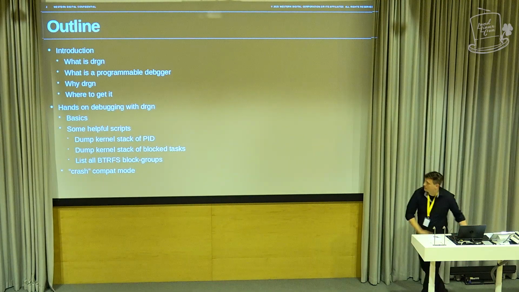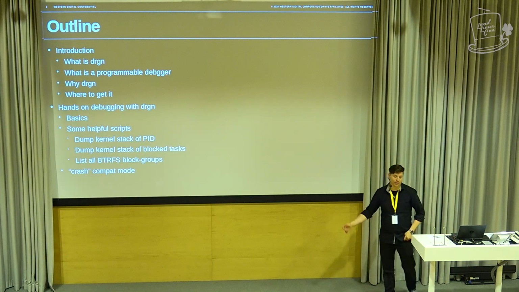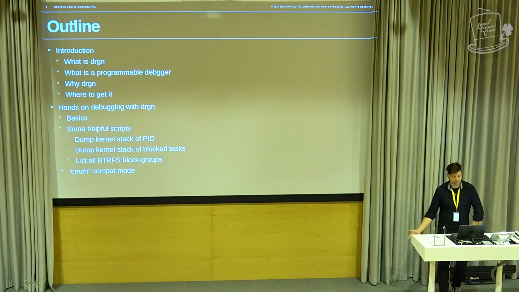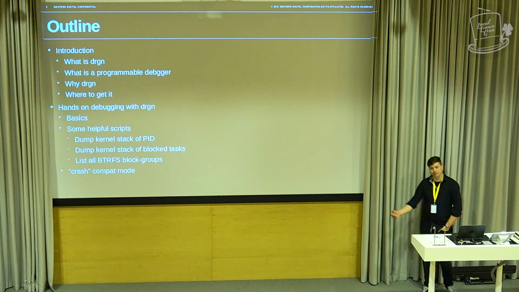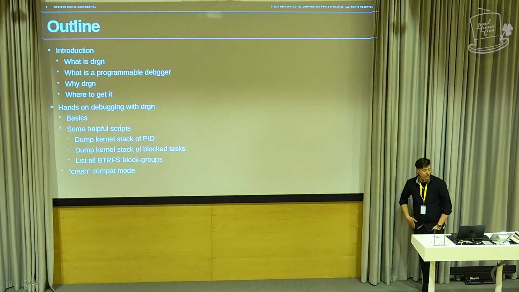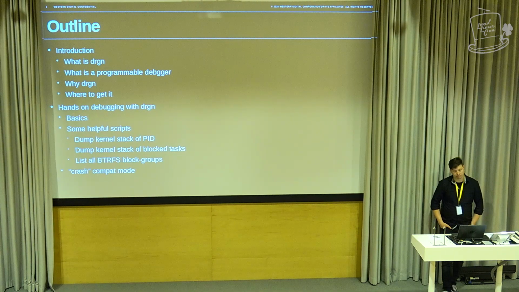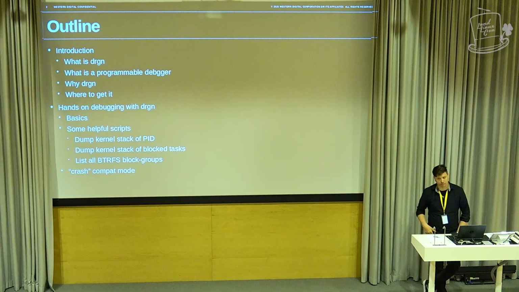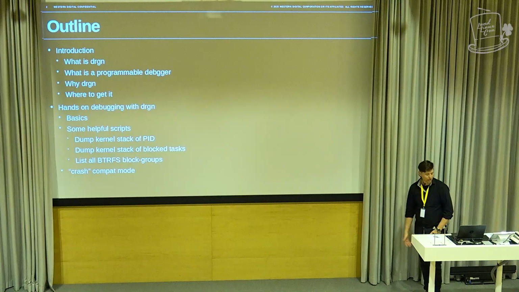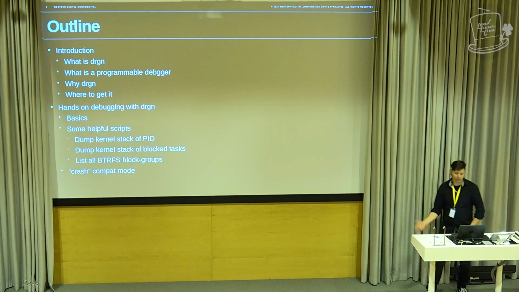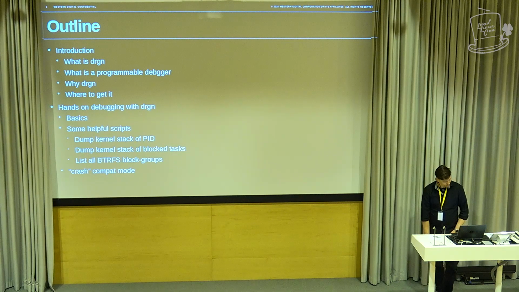So first of all, for the ones who haven't heard about Dragon, what is Dragon? What's a programmable debugger? Why do we have Dragon? Why do we need it? Where do you get it from? And then some basic stuff, some handful of demo scripts that I use quite a lot in my own debugging, like dumping the kernel stack of a given PID, or dumping the kernel stack of all blocked tasks, or listing all the Btrfs block groups in a running system.